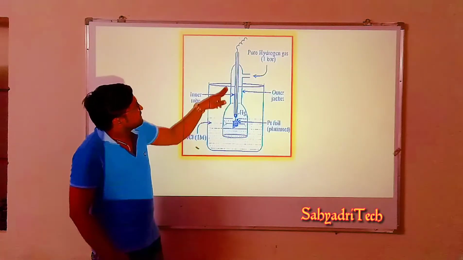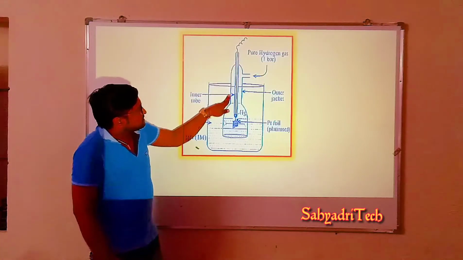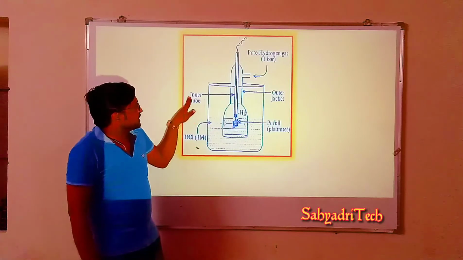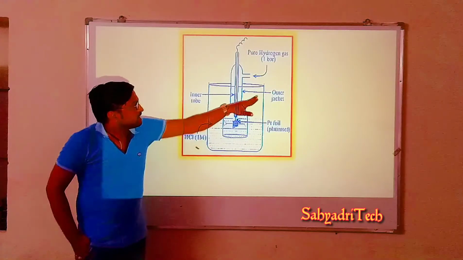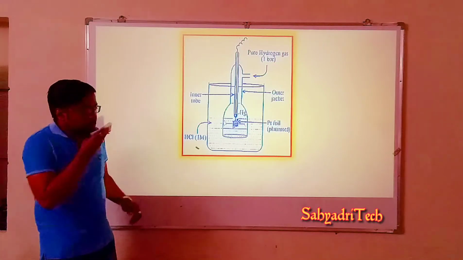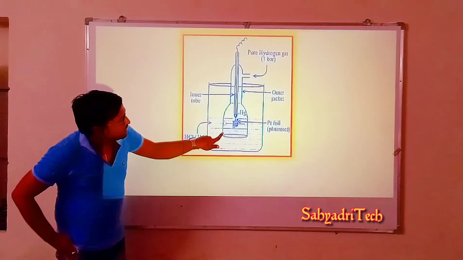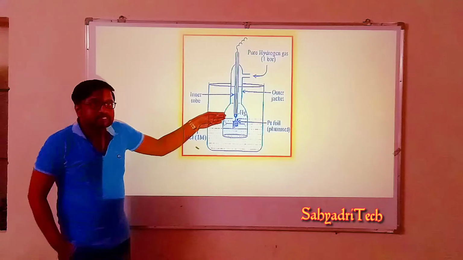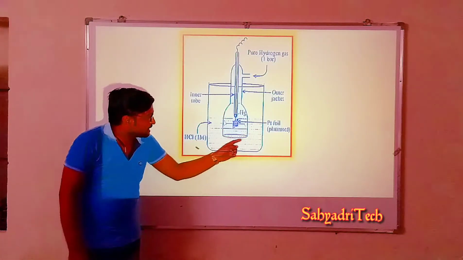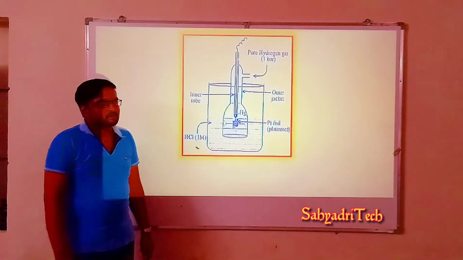Further what we said, this inner glass tube is surrounded by an outer jacket. The outer jacket has a bell shaped bottom, as it looks like a bell, so we say it has a bell shaped bottom. Further there will be small pores at the bottom.